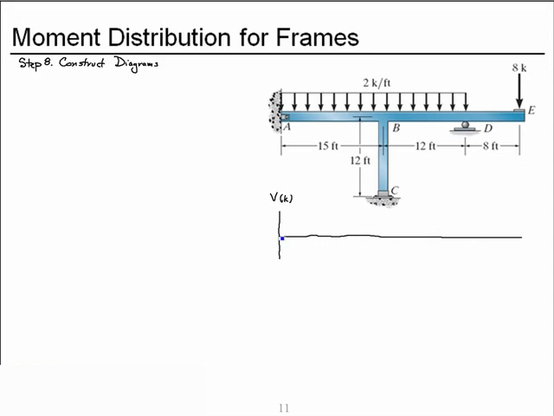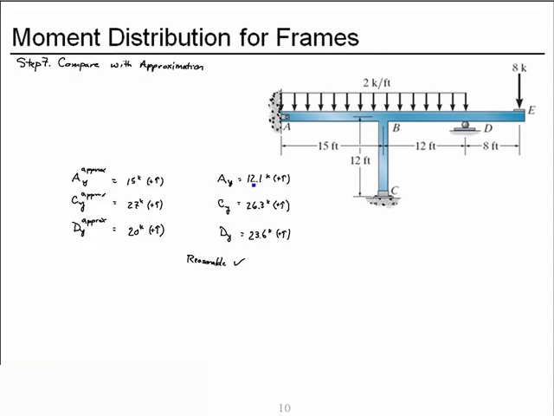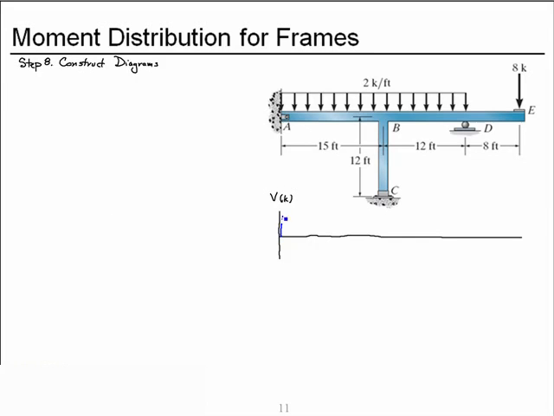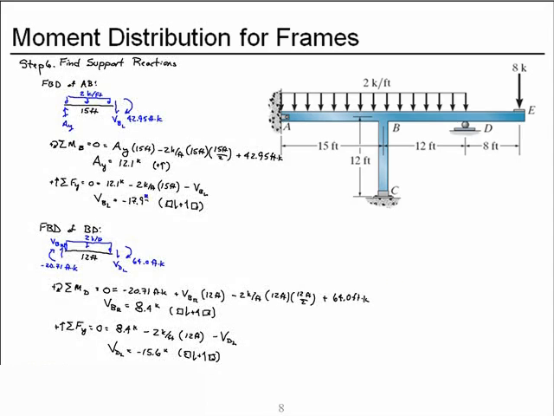We saw that at end A, the vertical reaction causes a jump of 12.1 kips, then we have a uniform distributed load, so the shear diagram will be linear and decreasing, and will decrease until point B, where its new magnitude will be the 12.1 kips we started with minus the 2 kips per linear foot acting over 15 feet, and that gives us a shear of minus 17.9 kips, which matches our prediction.